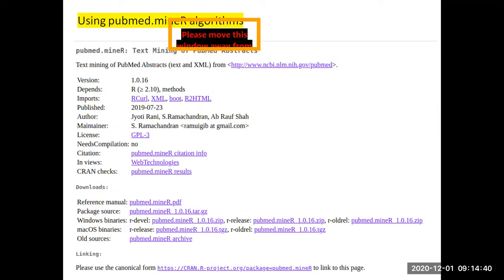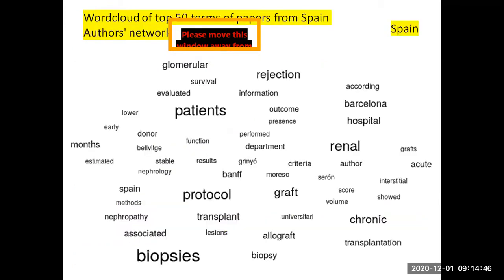This was done with the PubMed Miner package, which is available in R. Anybody can use it. Here we have the authors from the Spain network. So that's what Kim was talking about, all the publications represented in one picture.